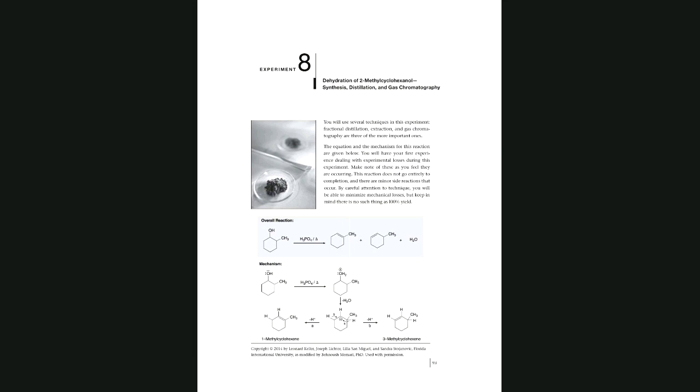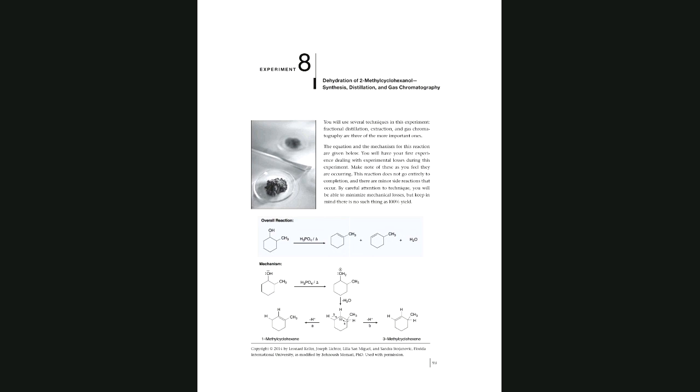So the carbocation forms first, where we had the OH group. If the hydrogen is removed clockwise from the carbon that carries the CH3, we get the product 1-methylcyclohexene.